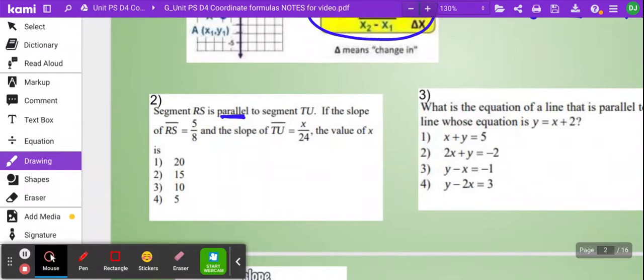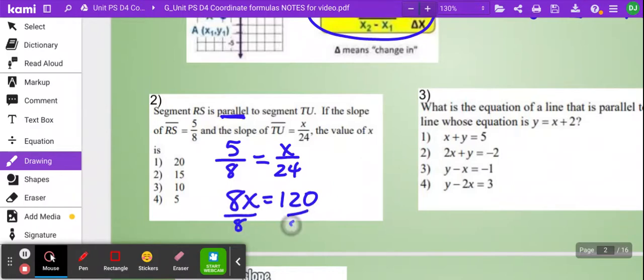So that means that the slope of our s, which they gave us is 5/8, would have to equal x over 24. Same slope. You recognize this, I hope. This is just a proportion. Product of the means equals product of extremes. Divide by 8 on both sides. And we should have gotten 15, which is good to know because that's one of the multiple choice answers.